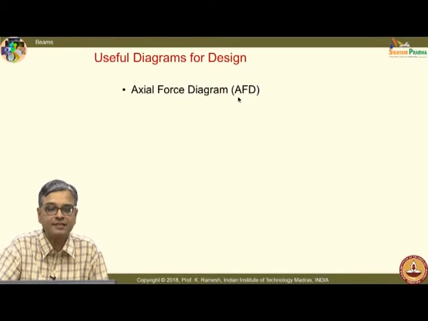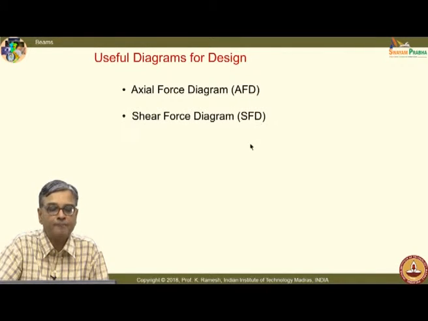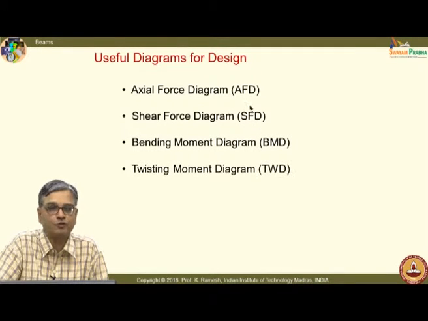You call that as axial force diagram. I could also have a diagram which indicates the variation of shear force. It could be Fxy or Fxz, either of the two. Then I would also be interested in knowing the variation of the bending moment along the length of the member. I call such a diagram as bending moment diagram.